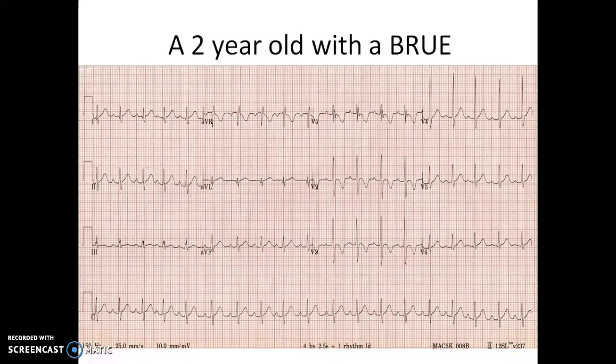Good. So this shows sinus rhythm. The rate is about 120, correct? Normal P wave axis, normal QRS. The anterior T wave inversion that we see here is what we call the juvenile T wave pattern, and that's something that you would see commonly up till about the age of 10.